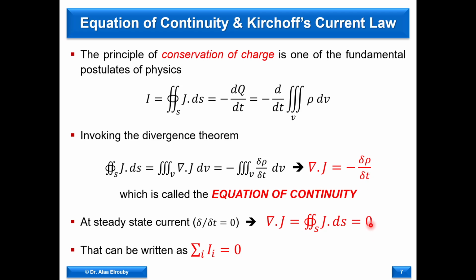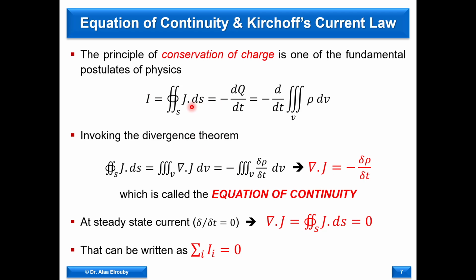And in this case, the divergence of J, which from the divergence theorem equals some constant J dot dS, both of them equal 0 in this case, because here this is 0, so the divergence of J will equal 0.